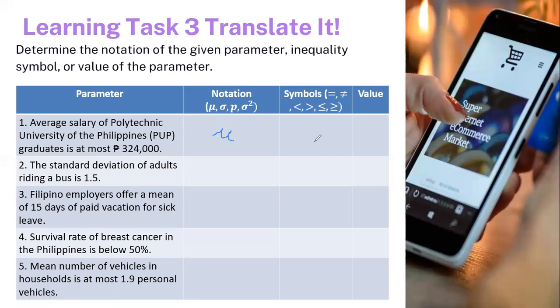And what is its value? It's 324,000. Okay, as simple as that. You need to follow all the rest of the given situations.